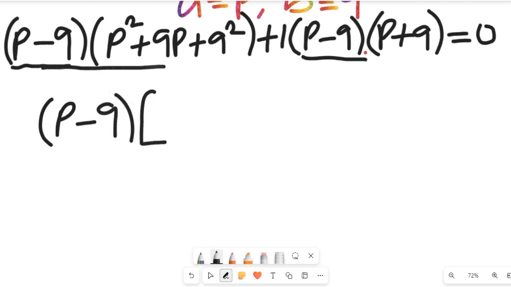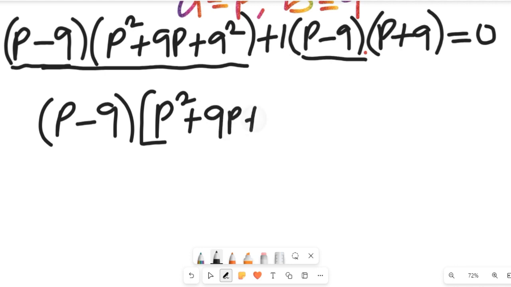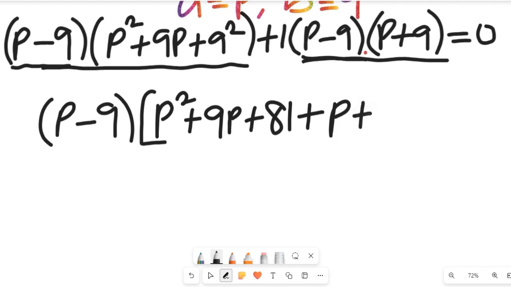If this whole expression divides p minus 9, we'll have left p squared plus 9p plus 9 squared, which is going to give us 81, right? And if this whole value divides p minus 9, we are going to have plus p remaining plus 9, and this whole thing will be equal to 0.